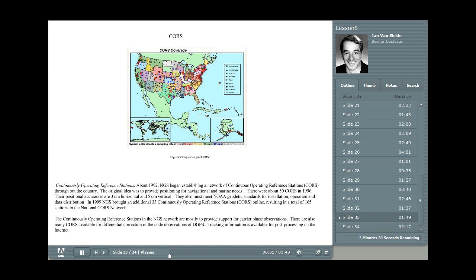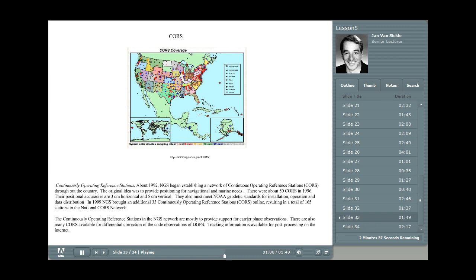But in addition to that, more useful for GIS sort of applications is the continuously operating reference station network that the National Geodetic Survey has implemented. The original idea was to provide positioning and navigation for marine needs. There were about 50 of them in 1996, and their positional accuracies are 3 centimeters horizontal, 5 centimeters vertical. But today, there are a whole lot more than that.